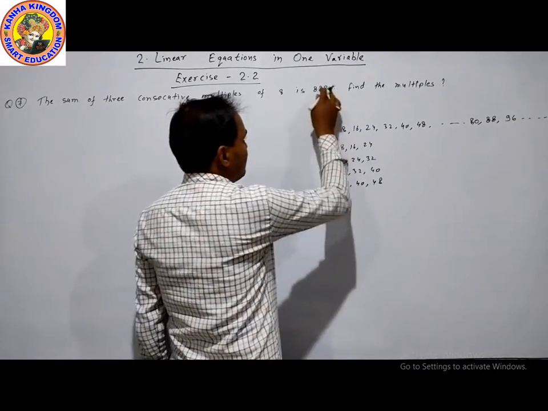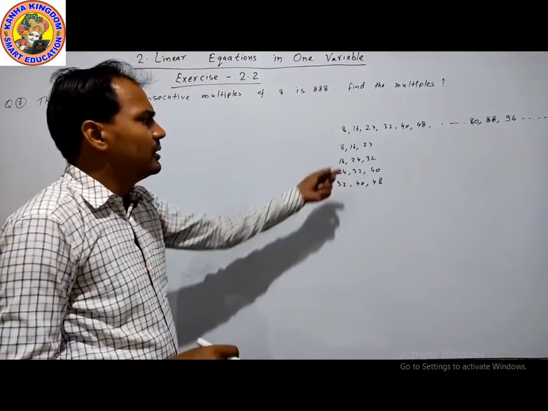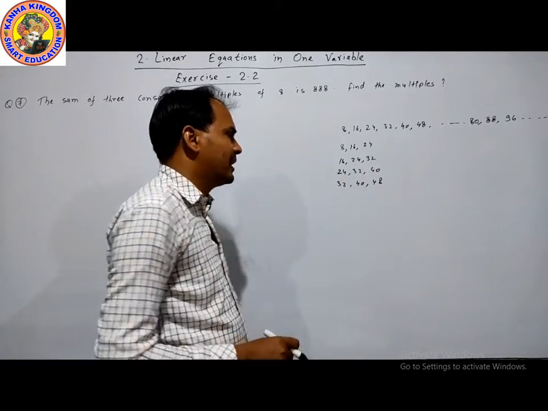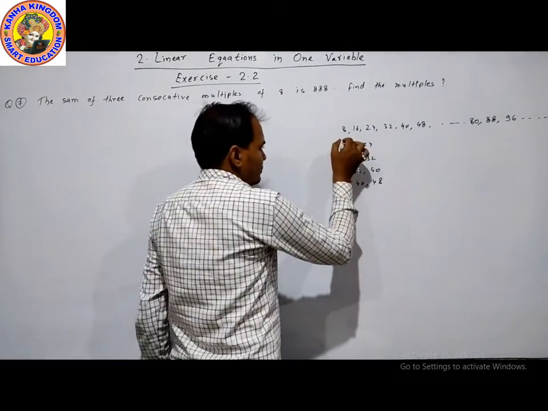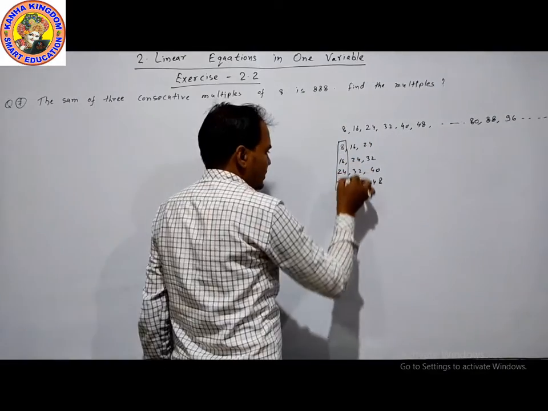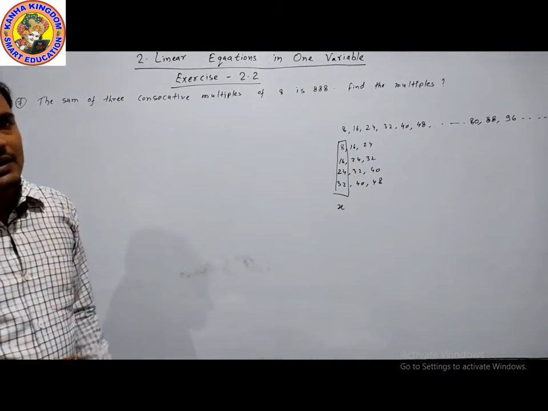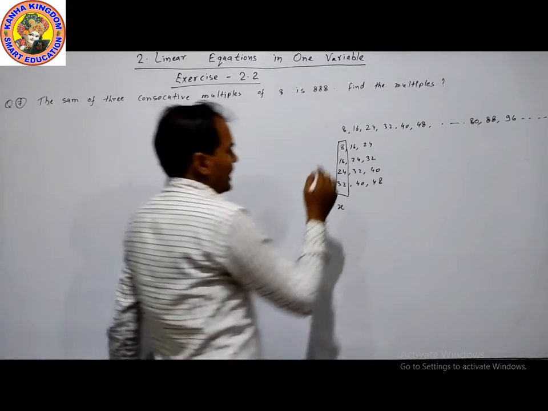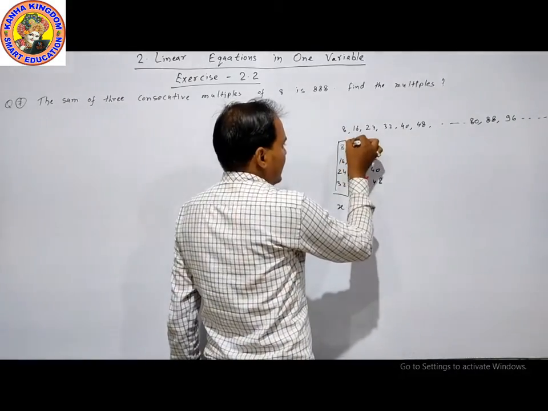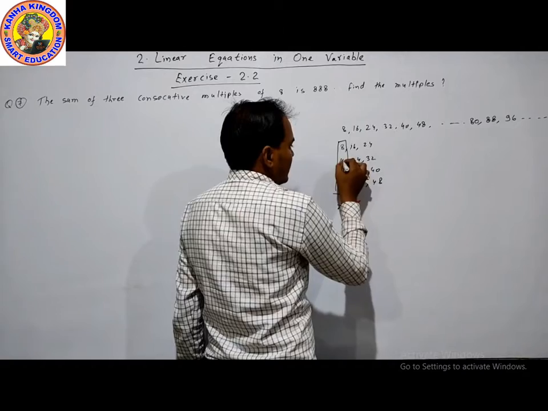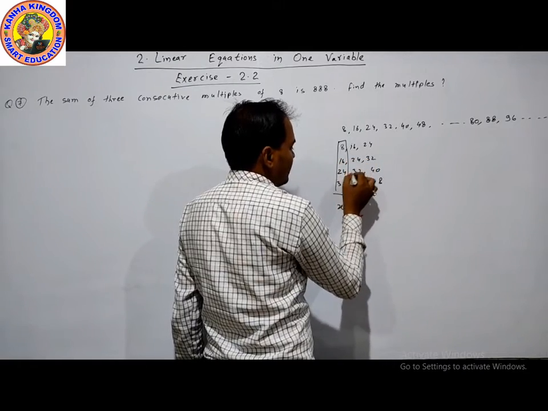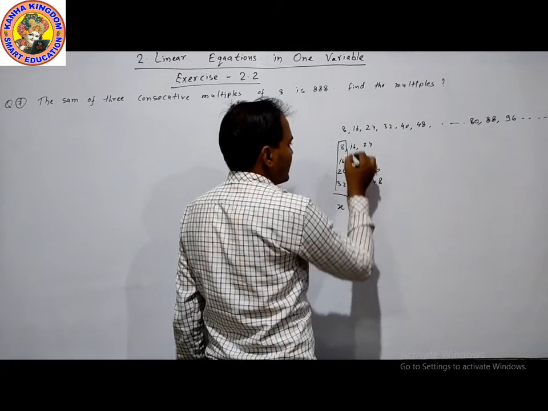Now the addition should be 888, and these additions are not 888. Let us assume our first number is x. The second number is x plus 8: 8 plus 8 is 16, 16 plus 8 is 24, 24 plus 8 is 32.